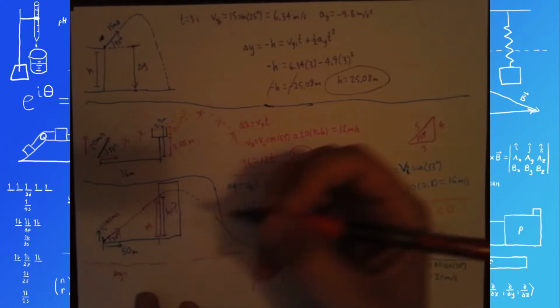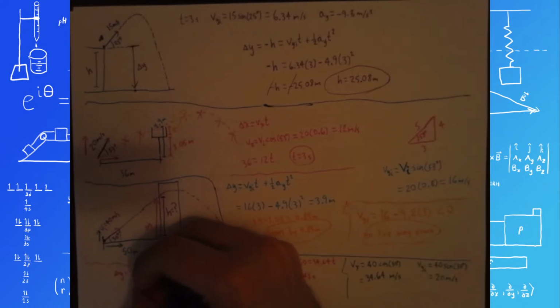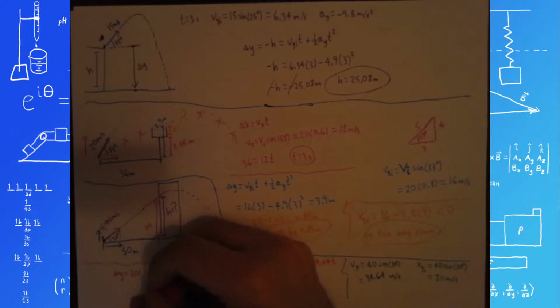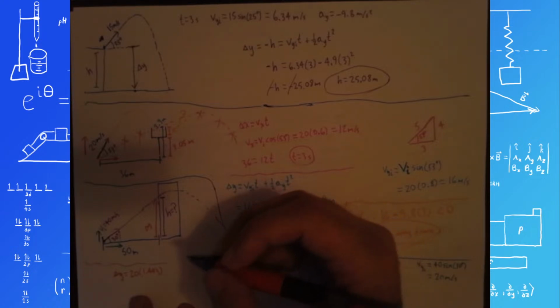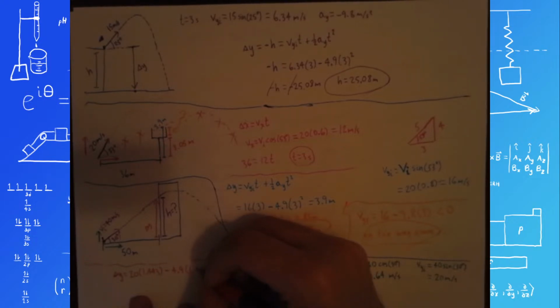Delta y equals Vy initial, which is 20, times t, which is 1.443, plus 1/2 acceleration times t squared. 1/2 of negative 9.8 is negative 4.9, and 1.443 squared.